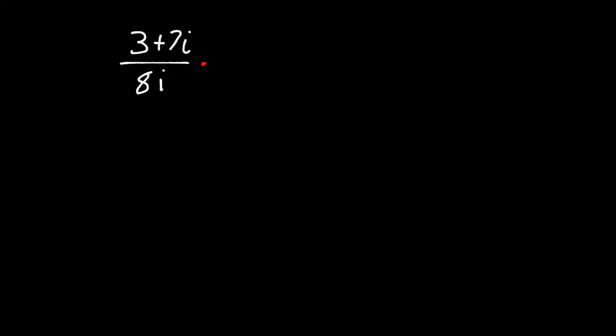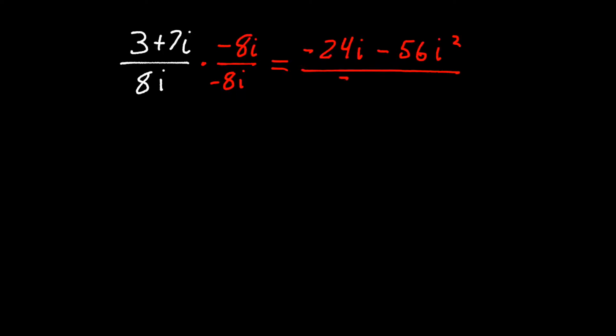So the denominator is 8i, meaning the conjugate is negative 8i. When we multiply these out, on top we get negative 24i minus 56i squared, all over negative 64i squared.